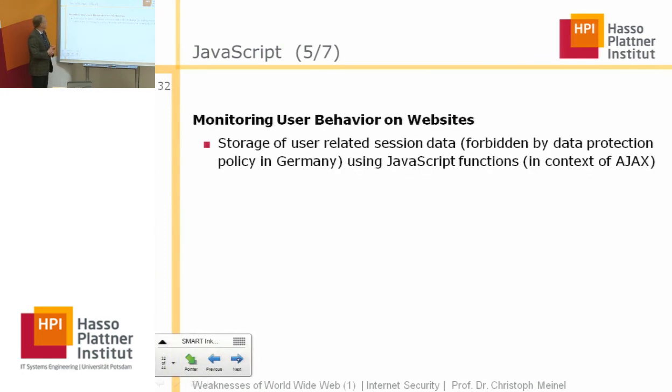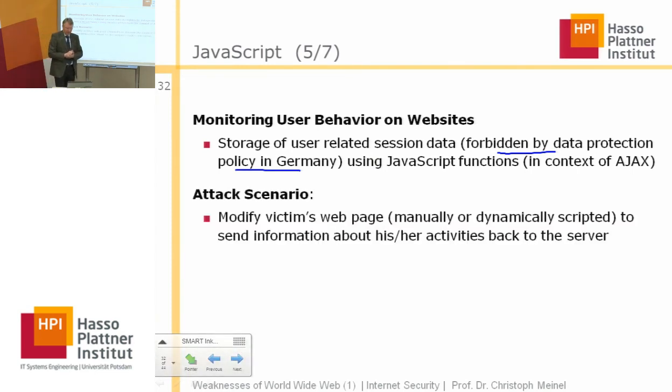Another attack scenario with JavaScript is the monitoring of user behavior on websites. Remember, the storage of user-related session data is forbidden in Germany by data protection. It's possible by means of JavaScript functions, particularly in the context of Ajax. The attack scenario looks as follows.